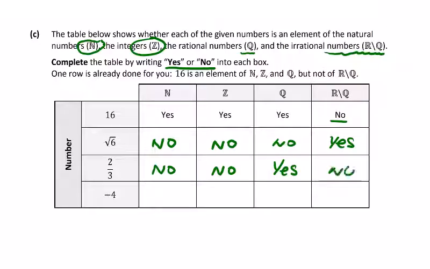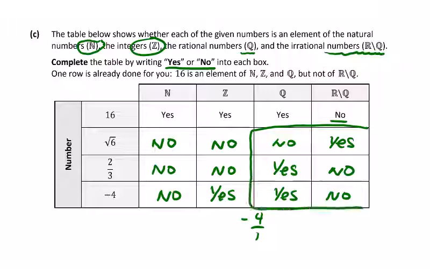Therefore, this one is a no. -4 is not a natural number. It is an integer. -4 over 1 is a fraction, so it can be written as a fraction. Therefore, it's not Q. So that's how you do this table. These should be the opposite of each other, and the other ones are fairly obvious.